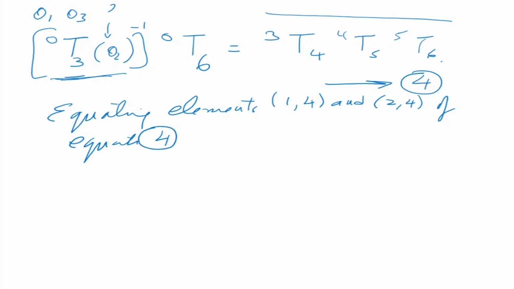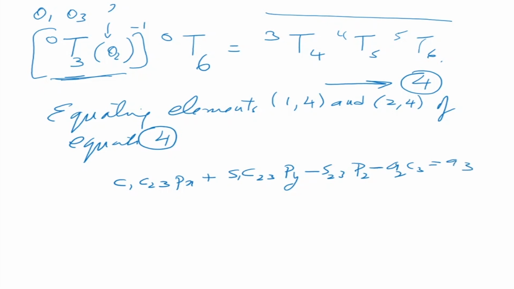Then what do we get is two equations: c1 c23 px plus s1 c23 py minus s23 pz minus a2 c3 is equal to a3. This is one, and the other one is equal to minus c1 s23 px minus s1 s23 py minus c23 pz plus a2 s3 is equal to d4.